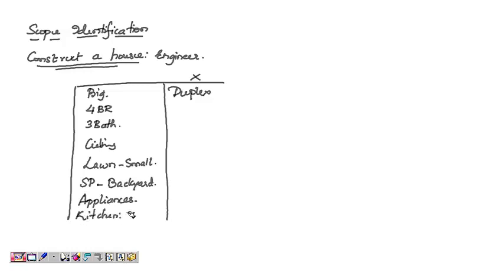You want a modern kitchen? Yes. Okay, fine. I will add it. What about the parking place? How many cars do you have? Three cars, we need space to park 3 cars. Fine. So for parking 3 cars, I will make some space for you. And then, do you want a gym at your house?